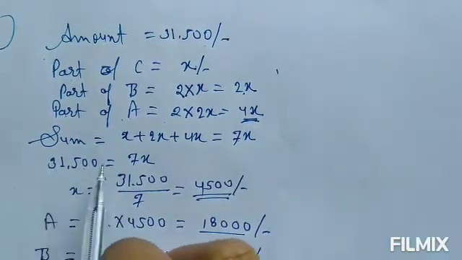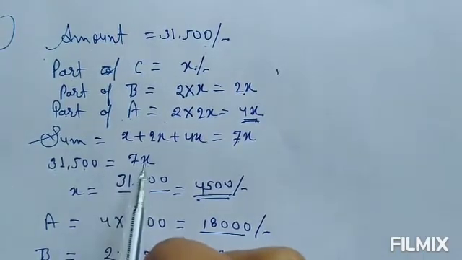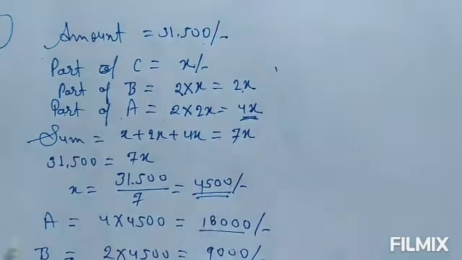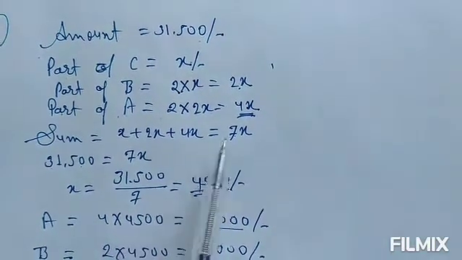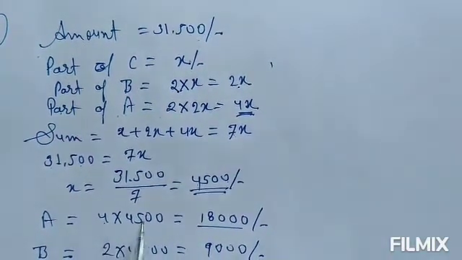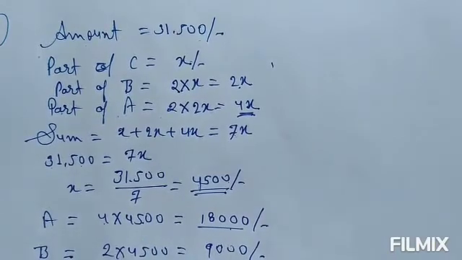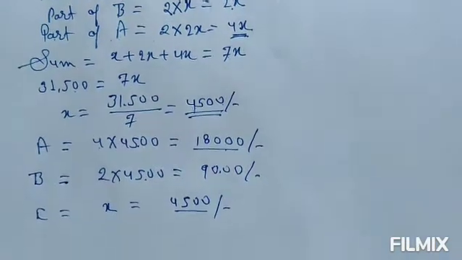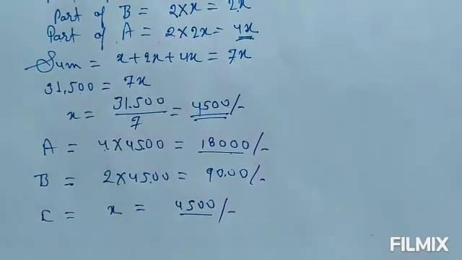It means 31,500 equals 7x. The value of x will be 4,500. Now A gets 4x, 4 into x, 18,000. B gets 2x, 9,000. C gets x, 4,500. This is the solution of question number 9.